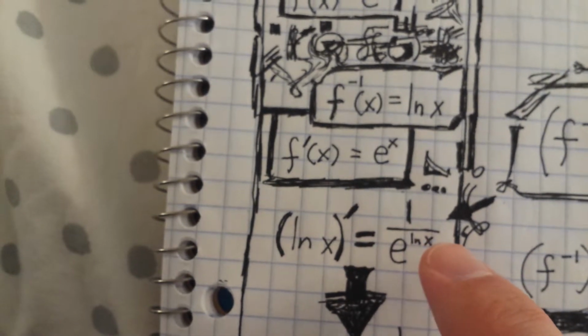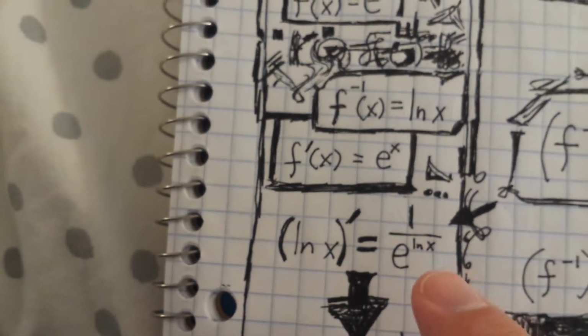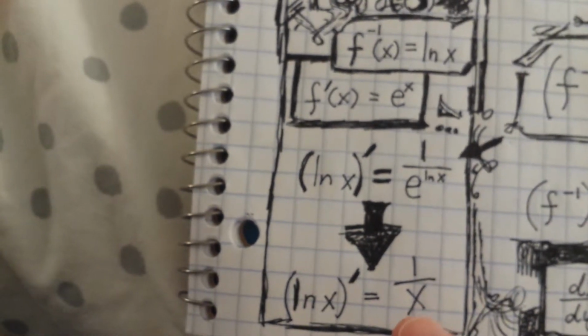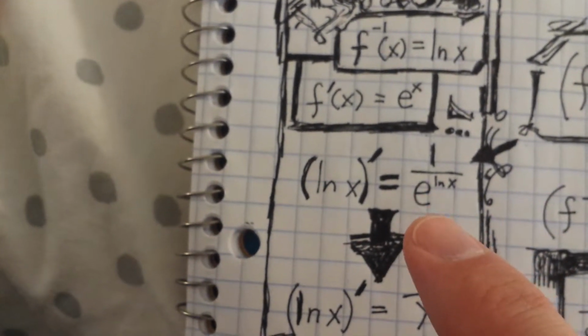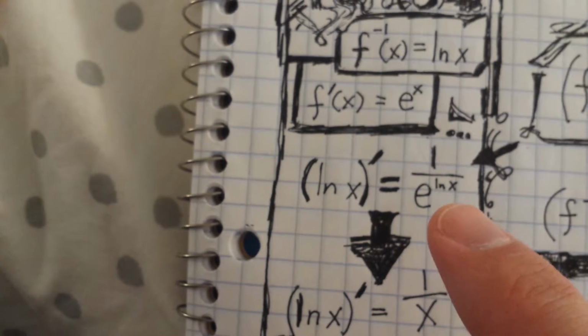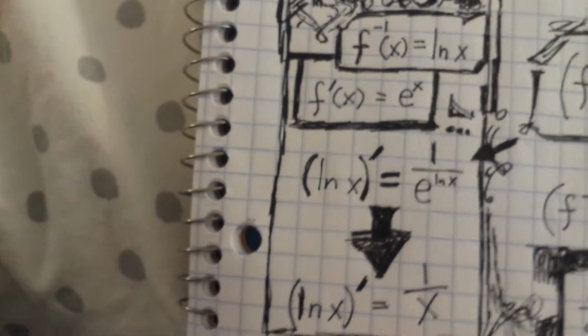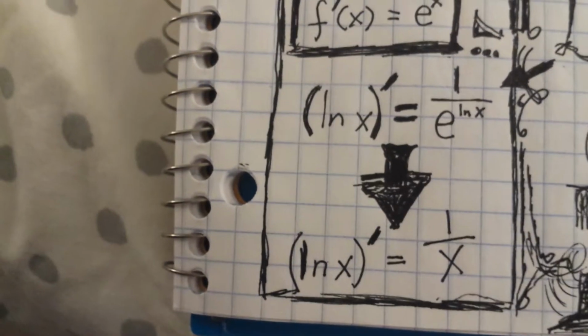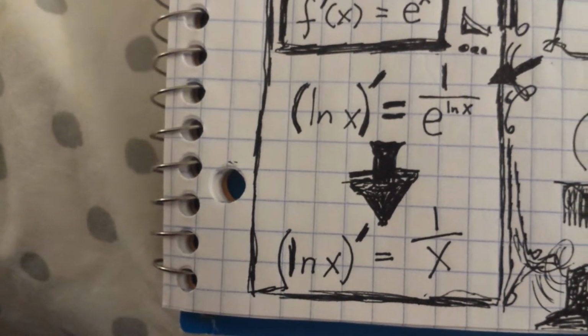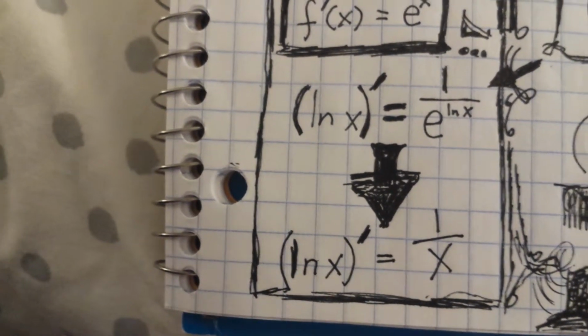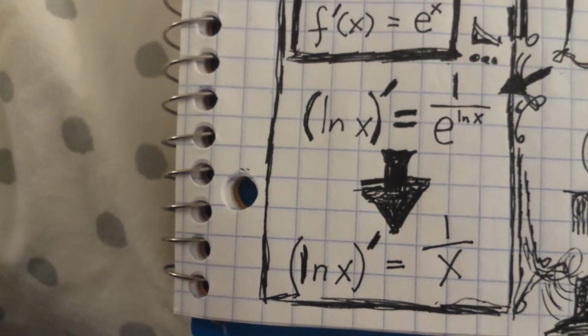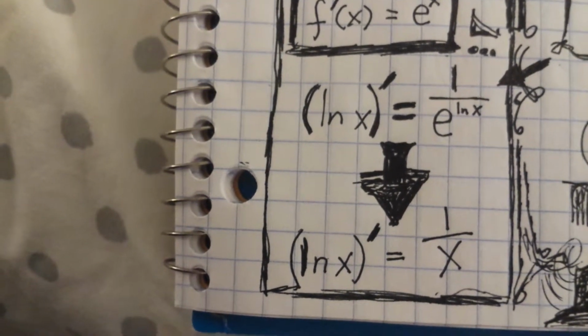And 1 over e to the ln of x, of course, equals 1 over x, since e to the power of ln of x equals x. And now we get this. And so the derivative of ln of x is 1 over x. Okay?